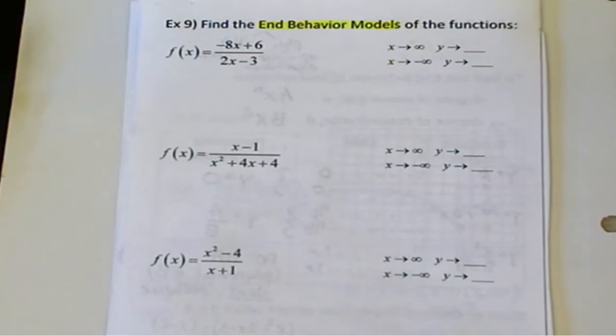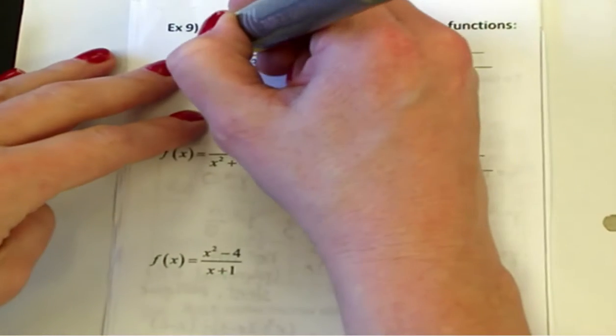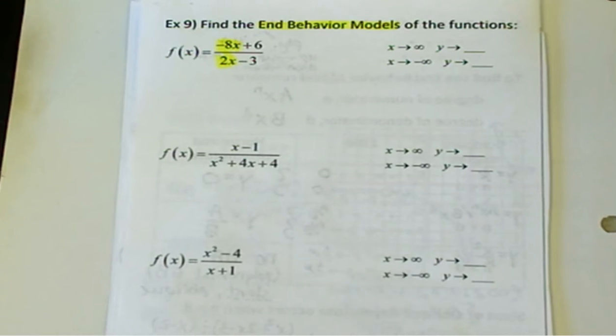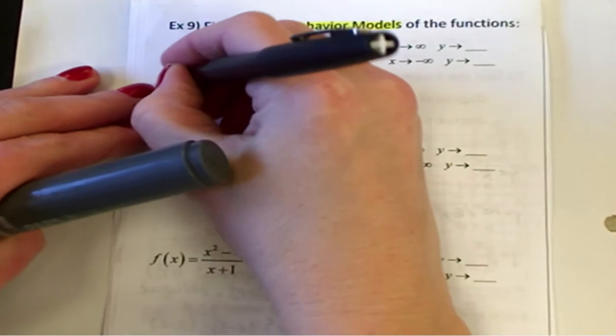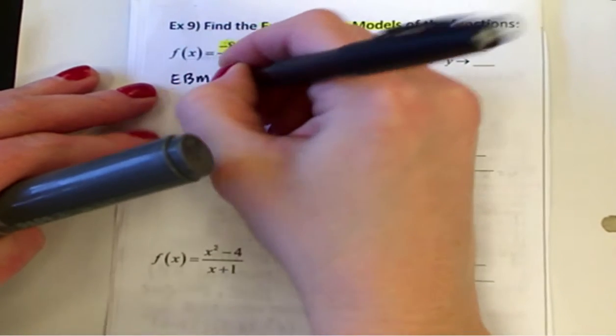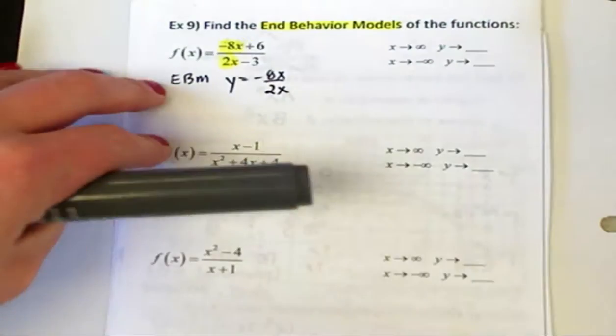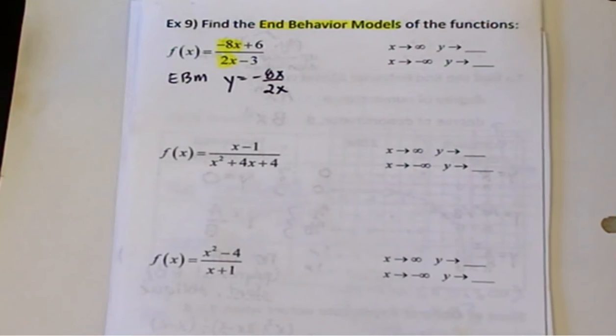Look at the leading terms. All I'm going to do is highlight the leading term because it says end behavior. I'm going to label it end behavior model, and say y equals.